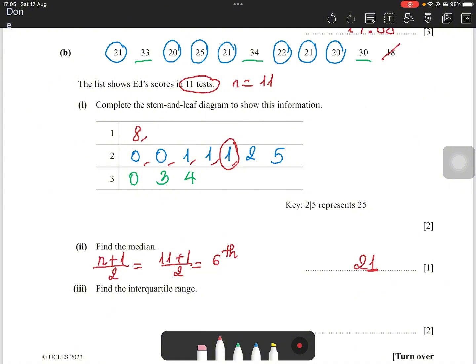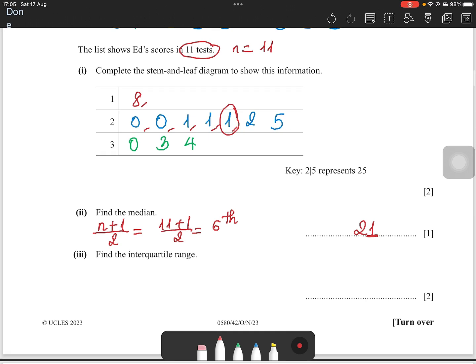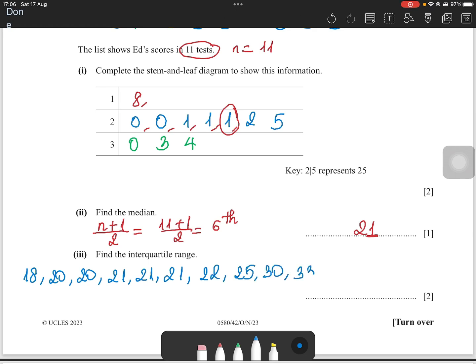Number 3, find the interquartile range. Now we need to arrange them from the smallest: 18, 20, 20, 3 numbers 21, and then 22, 25, 30, 33, and 34. From the second question, we know that the median is 21, the 6th value.